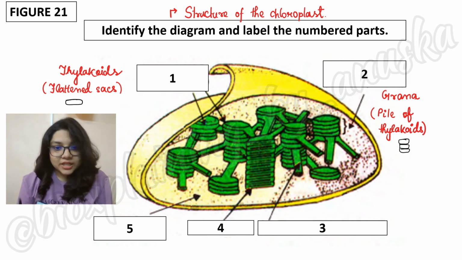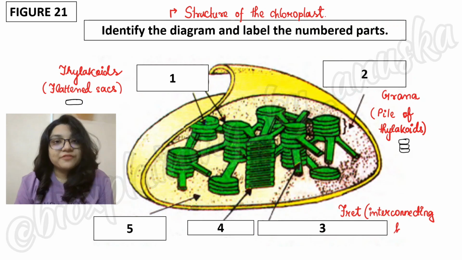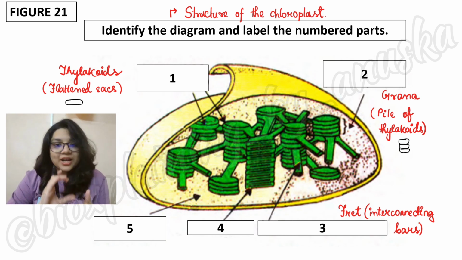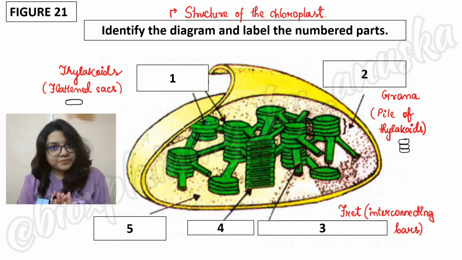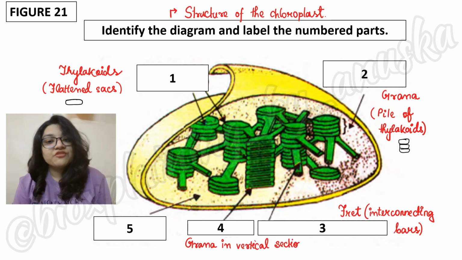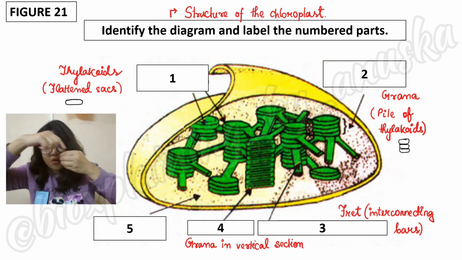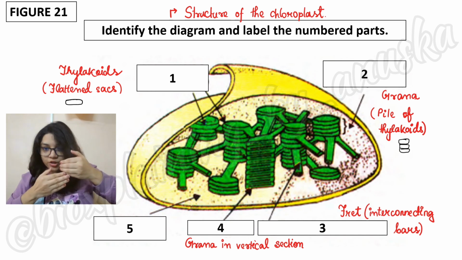Part number 3 is pointing out the fret, which are the interconnecting structures which join one grana to the other grana. Part number 4 is showing the grana in vertical section. Imagine this is a stack of coins, one on top of each other.